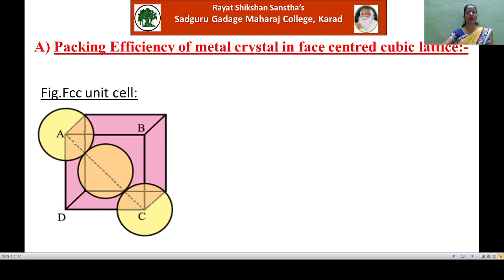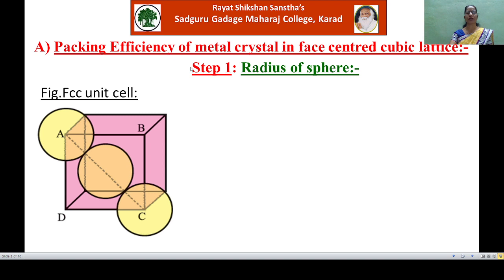If you observe this diagram, you will easily recognize that the corner particles are not touching each other, but they touch the particle which is present at the center of the face. Now, with the help of this information, we will decide the packing efficiency of metal crystal in this lattice.